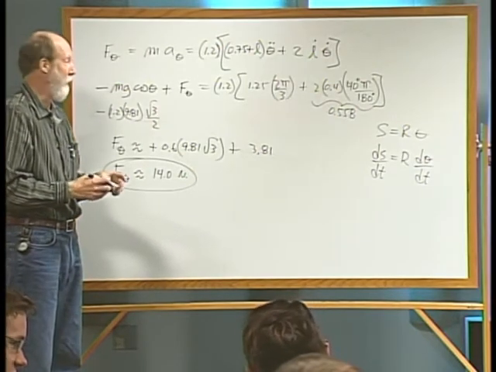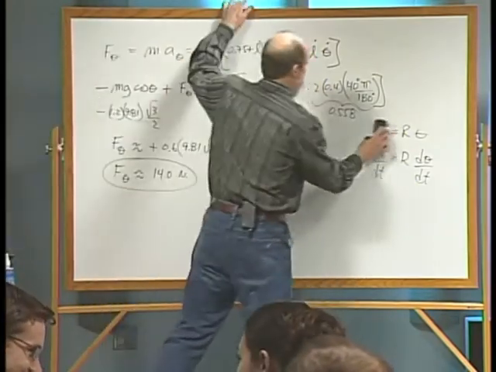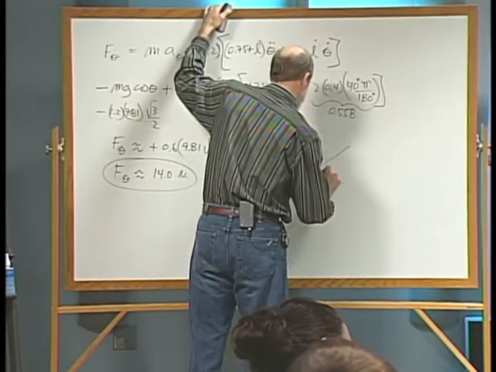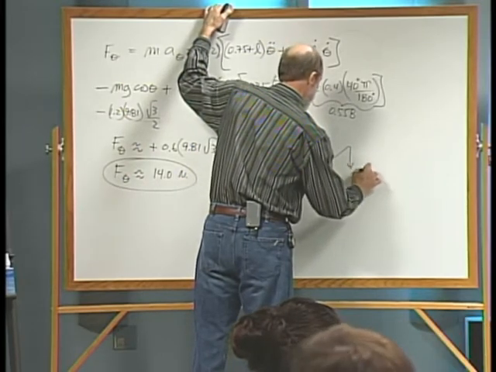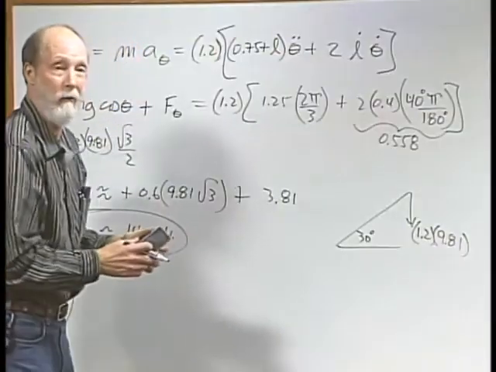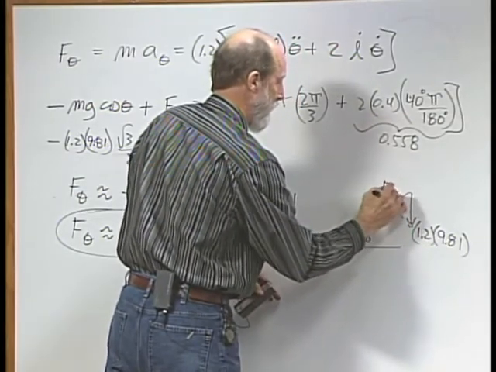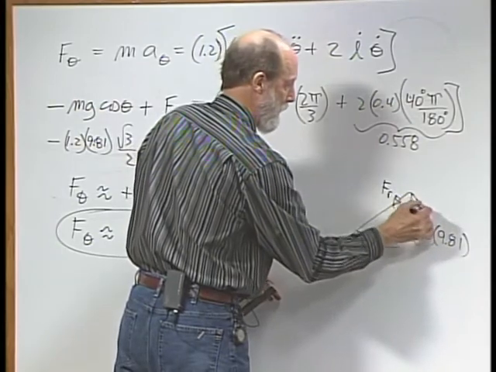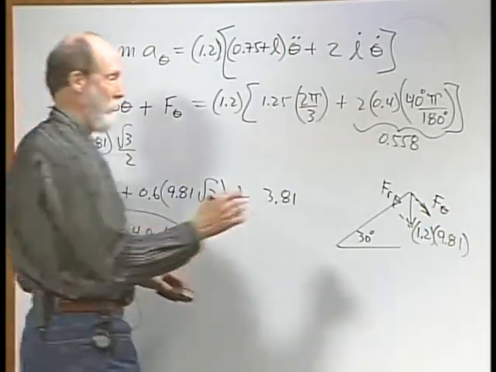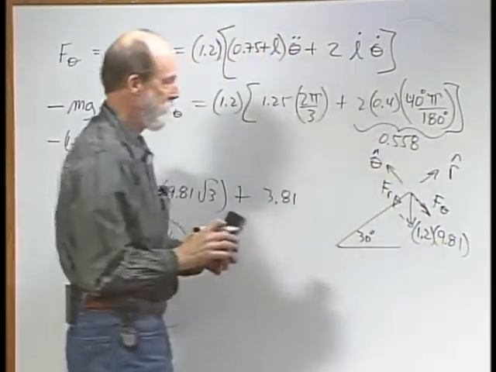Okay. Now, it said compare the F_R and F theta terms with the static condition. So the static condition would be the arm sitting there at 30 degrees with the weight being 1.2 times 9.81, and then just decomposing that into its two components, a static component here, F_R, and a static component here, F theta, both of which look like they would be negative, because R hat is this way, theta hat is that way.